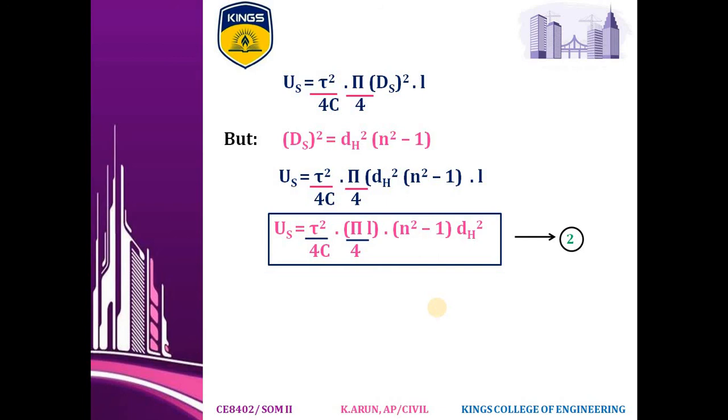So now we have calculated the strain energy of the hollow shaft as well as strain energy of the solid shaft. So on comparing the equations 1 and 2, we can calculate the ratio of strain energies of the hollow shaft and the strain energies of the solid shaft.